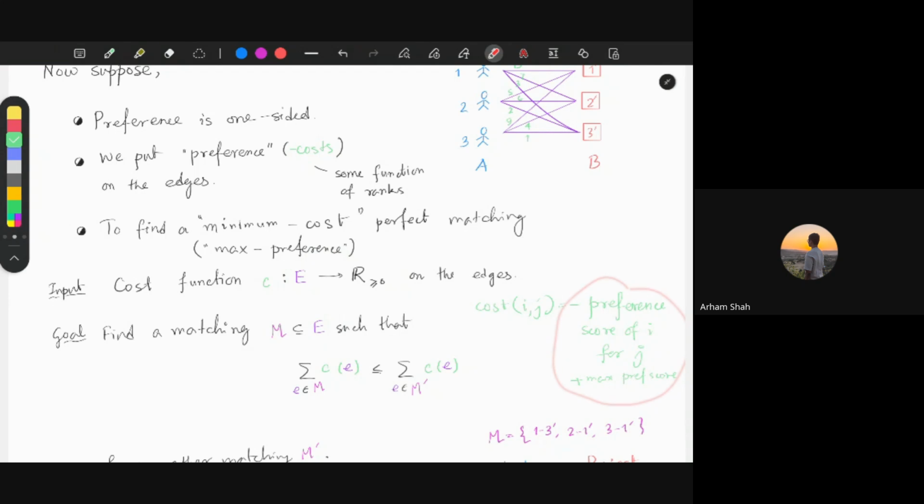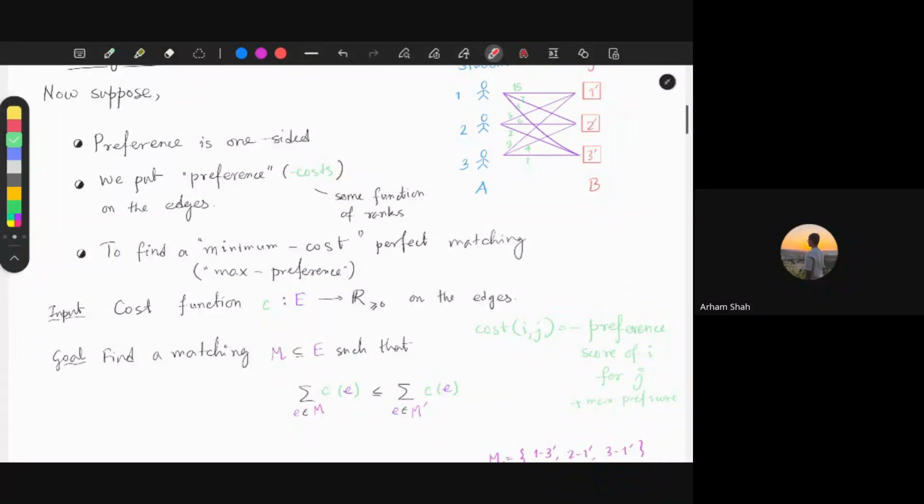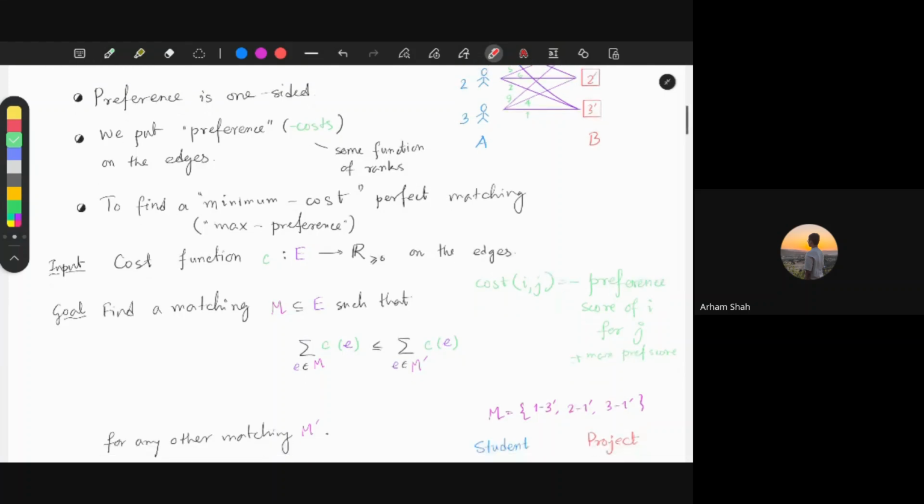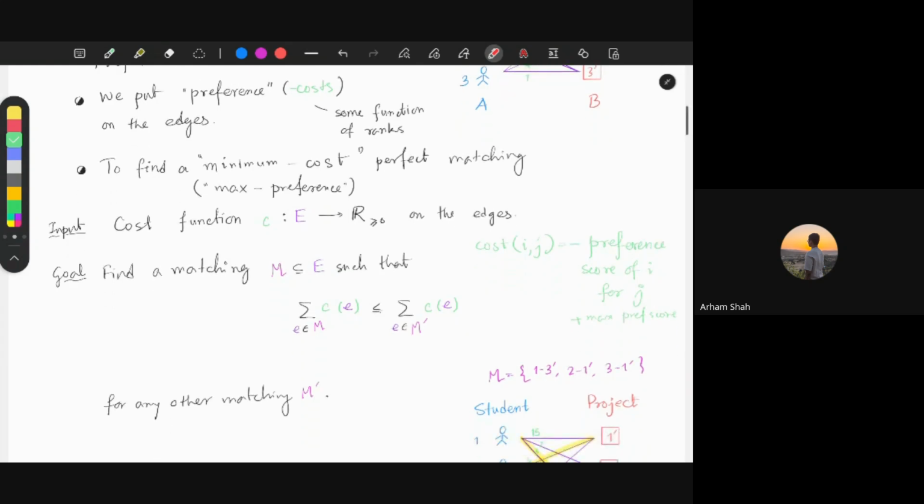So that's why we define it like this: negative preference plus the maximum, and we want to find a matching which actually minimizes the costs. So we have to find a minimum cost perfect matching. A perfect matching will exist because everything is connected to everything else, and we might put zero if someone doesn't have any preference. So even if there is no edge, we can put zero. The problem is that I want to minimize this sum actually.